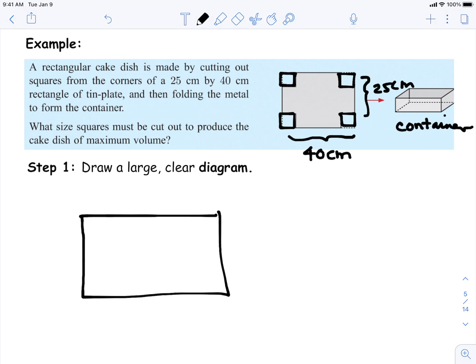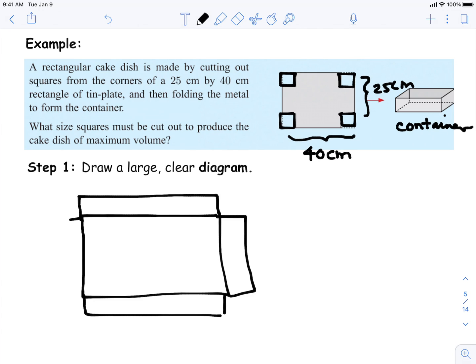So here is that inside. And then we have the sides that are going to fold up. So this would be our base, the bottom of our container. And then these boxes are going to be cut out, and they are all equal in length.